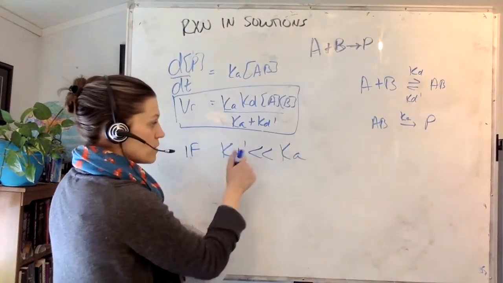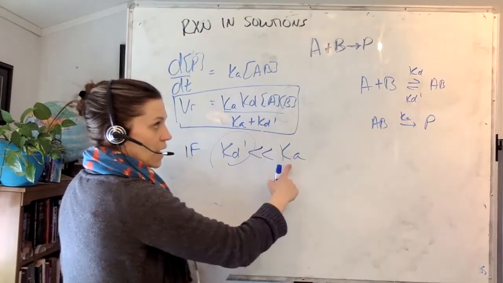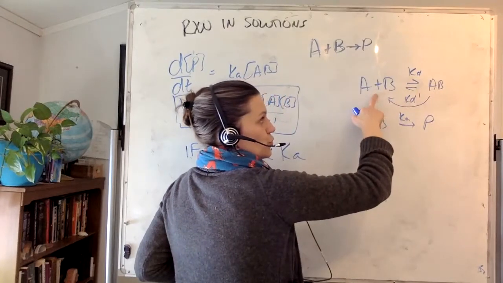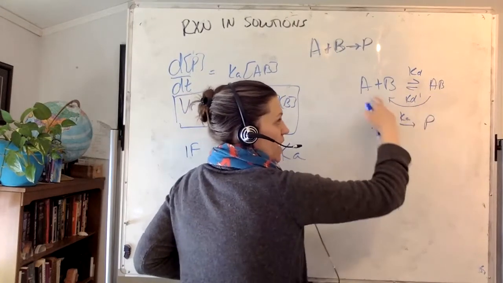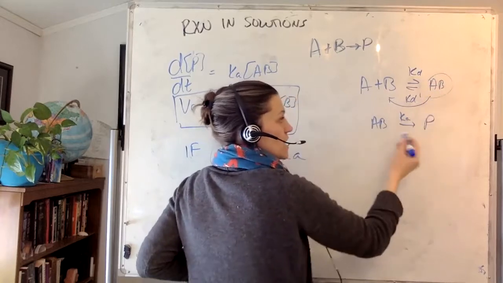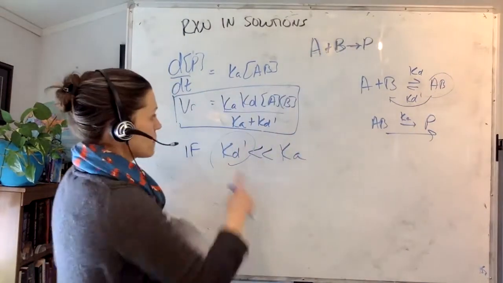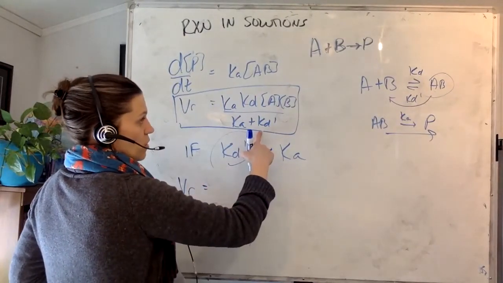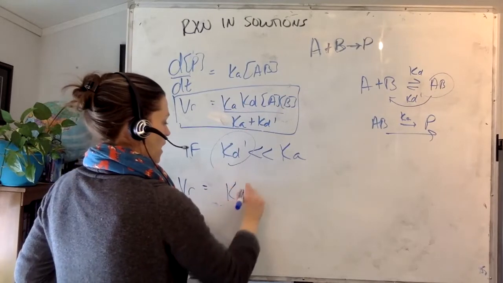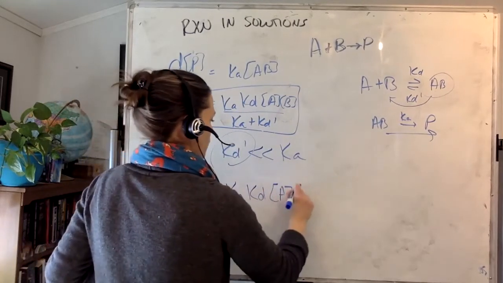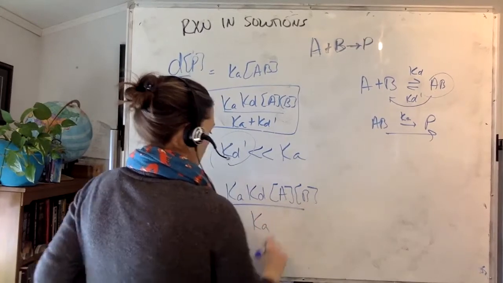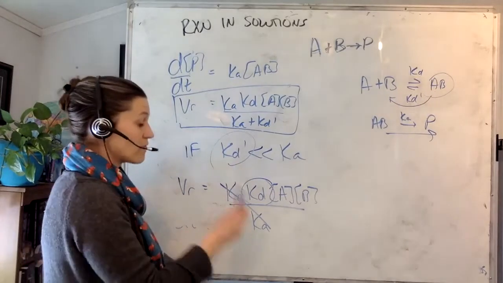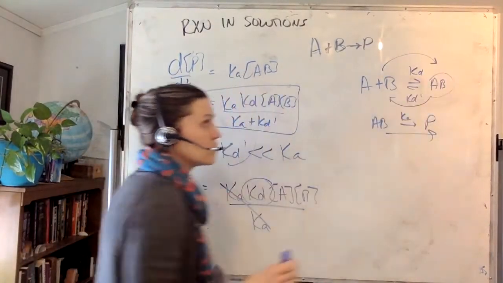If Kd prime is much, much less than Ka, so the rate that this goes back to A and B, as soon as this is formed, it essentially goes to products, which means that VR reduces to Ka, Kd, quantity A, quantity B, divided by Ka, those cancel, and I'm left with just the rate of reaction depending on this forward reaction.